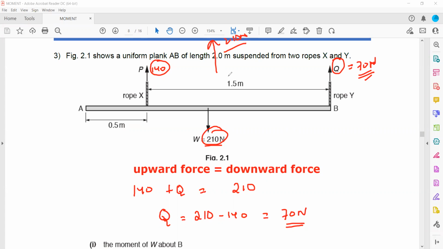So the first part, we solve by considering the condition of equilibrium that there is no resultant turning effect, and we solve the second part by considering that there is no resultant force. Is it clear how to work out the value of Q?